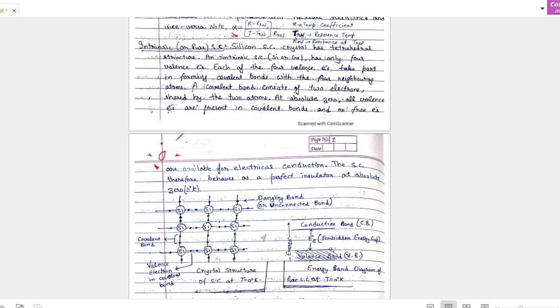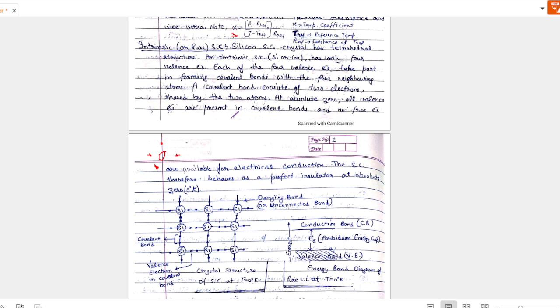In carbon, if we try to remove the electron from its shell, it requires a large amount of energy. That means carbon acts as an insulator. But next to carbon is silicon, and then next to it is germanium.